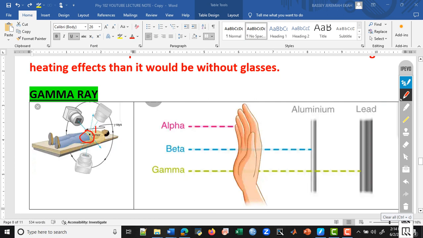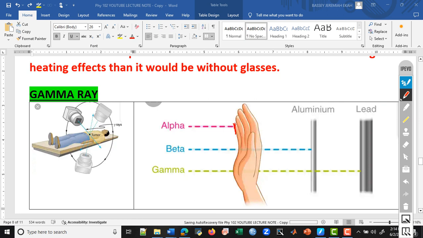If you look at the second figure here, you see alpha particles. These can be stopped by the human hand. Beta particles can penetrate but can't penetrate aluminum metal.